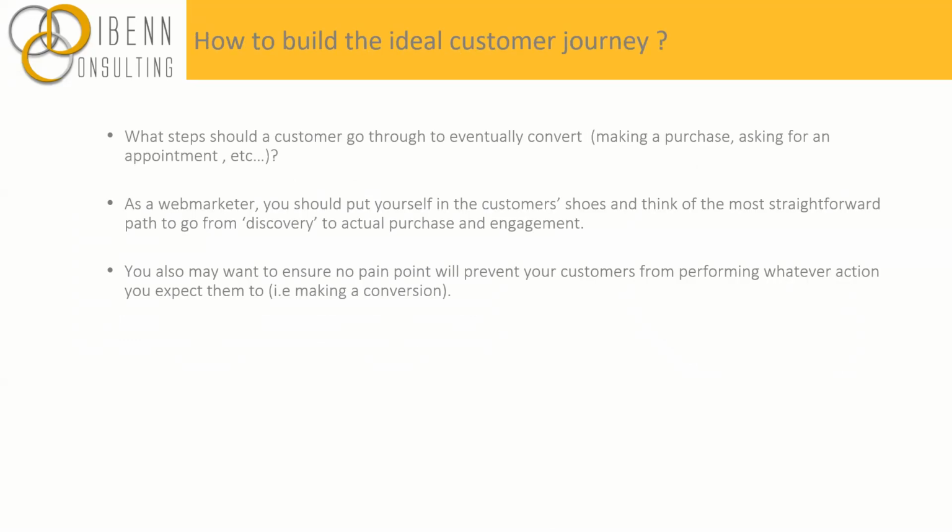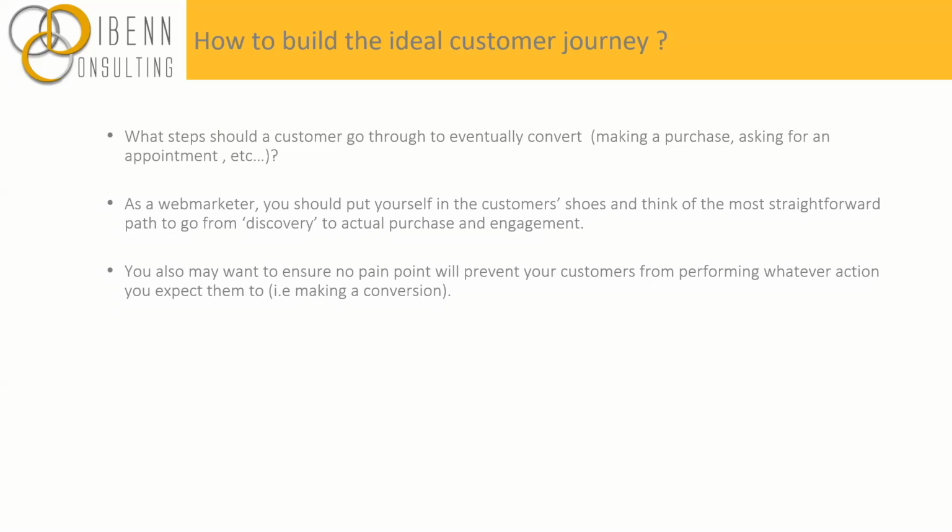Alright, so how could you try and build the ideal customer journey? Well, you should in the first place think of all the steps a customer could go through to eventually convert.